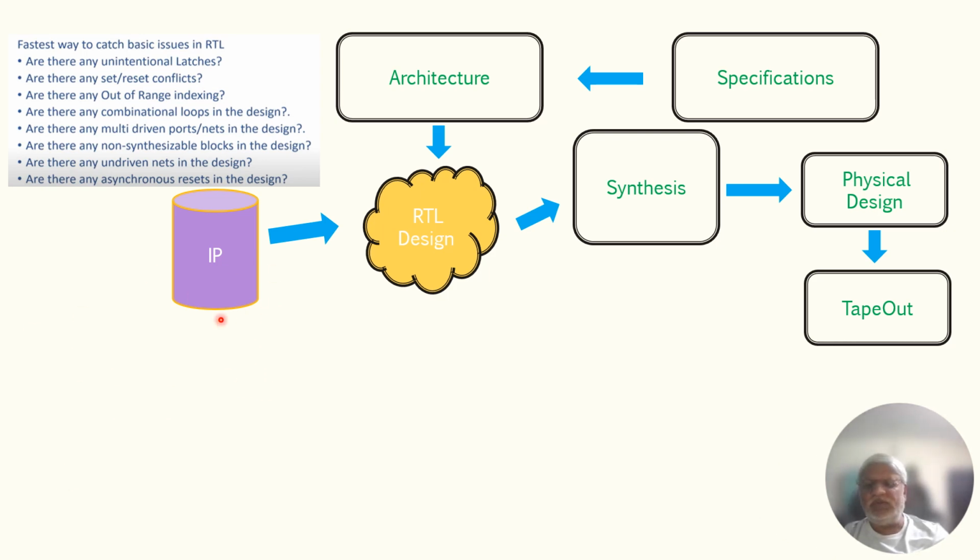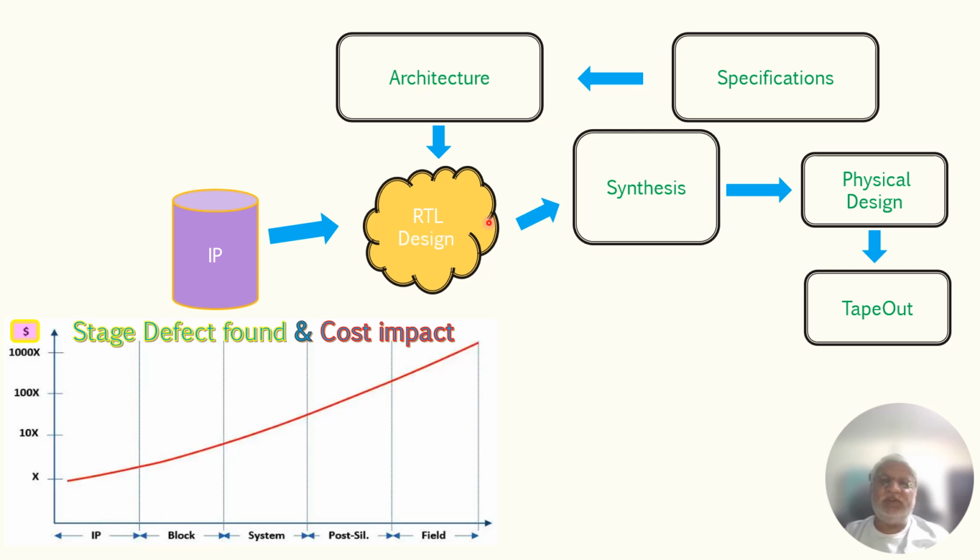Due to that, you can observe that bugs will start creeping into the system. They will be very costly depending on the stage at which they are found. Bugs found in the very early phase cost less money, but as the design starts maturing, the amount of money spent will be huge.